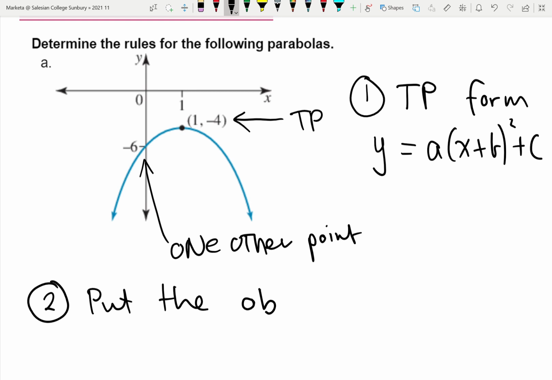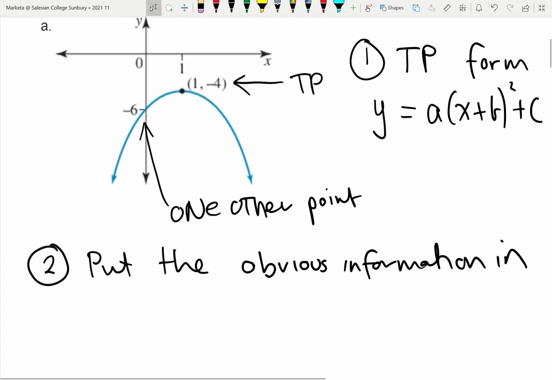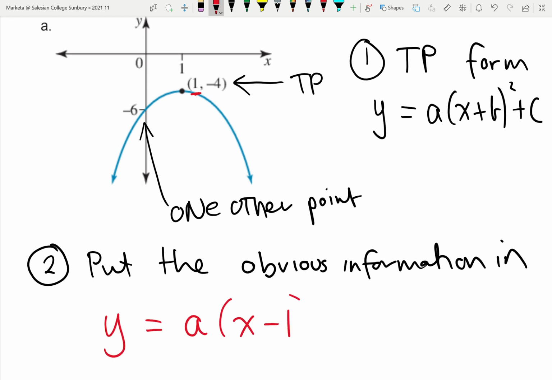So now step 2 is to put the obvious information in. What we know is that the x value of the turning point is given as the opposite of what is shown. So here it's a 1, it's a positive 1. So that means we've got y equals a(x − 1)².